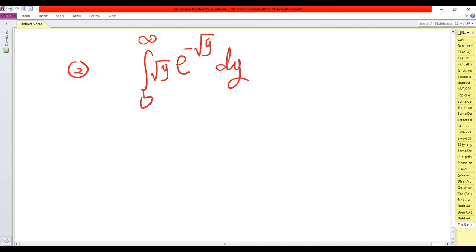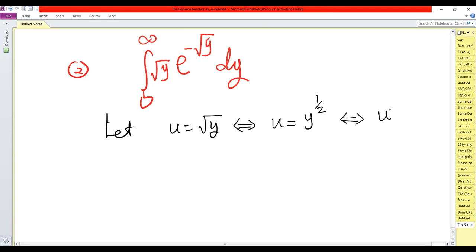Now, we also do the transformation by fixing this value. So we say let u be given by square root of y. So let u be root y, the same thing as saying u is y raised power half. Which is the same as saying, squaring both sides, u squared is the same as y.